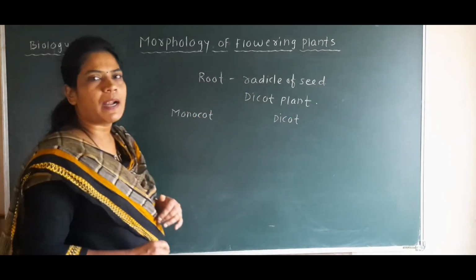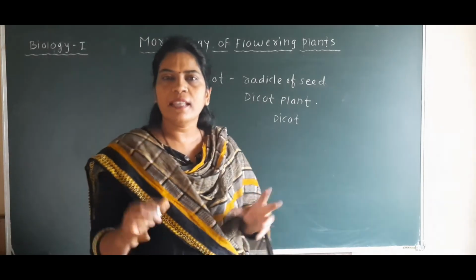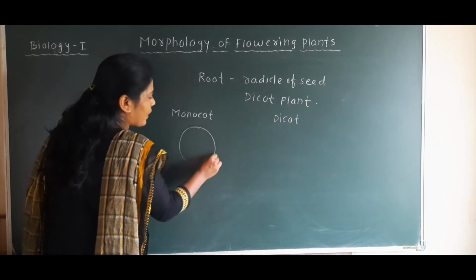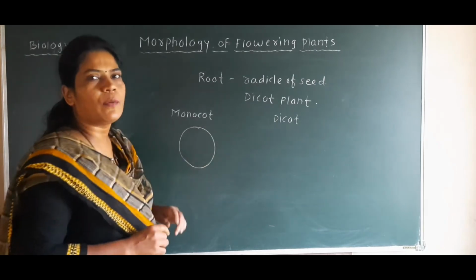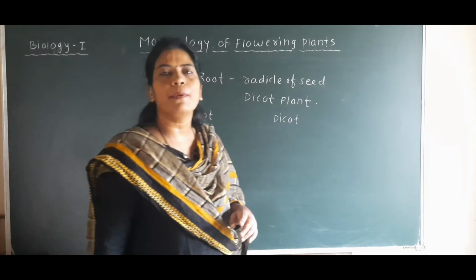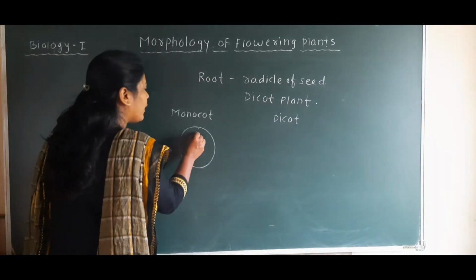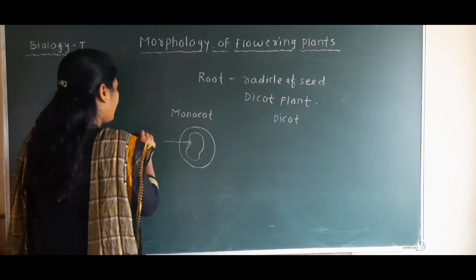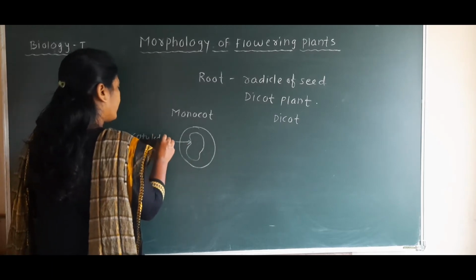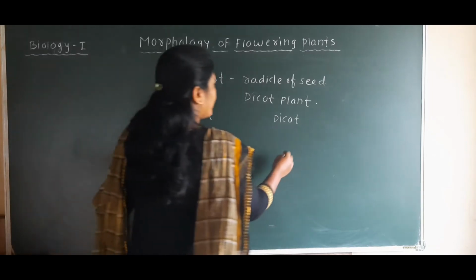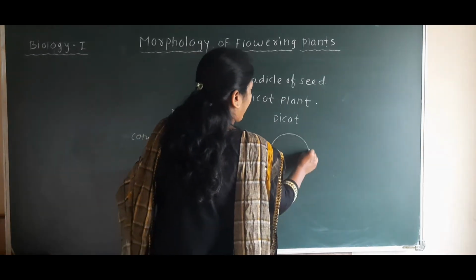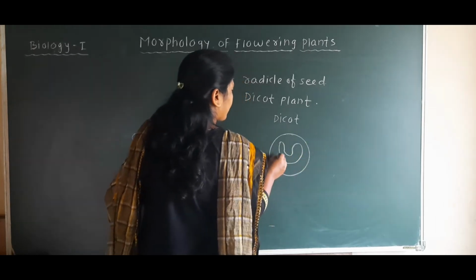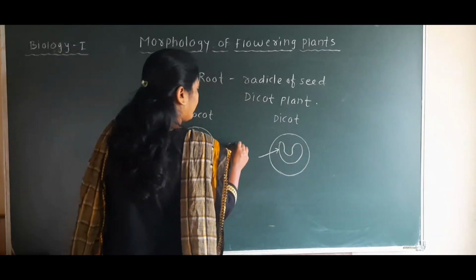In the monocot plant, if we observe the seed or the embryo part, suppose this is the seed of this monocot plant, and inside the seed there is an embryo, and that embryo contains only one cotyledon. See here, this is the cotyledon part of the embryo. And if we see the diagram of the dicot plant, you can observe that two cotyledons are present, so these are the cotyledons.